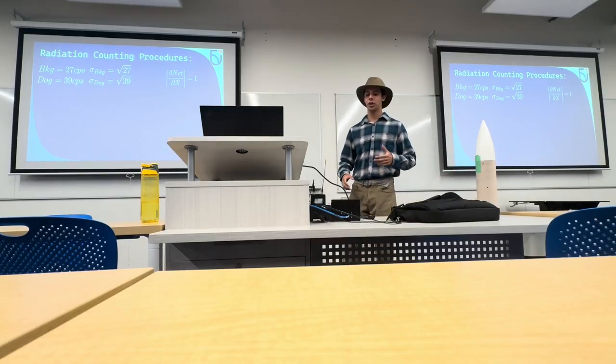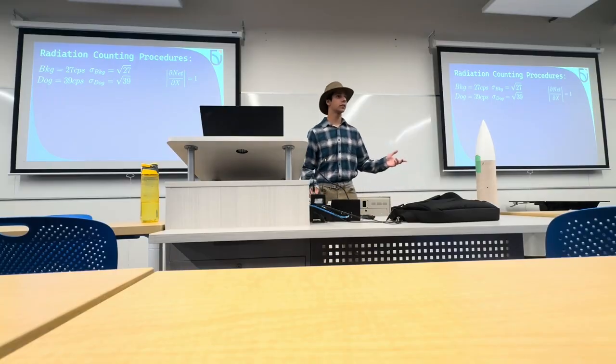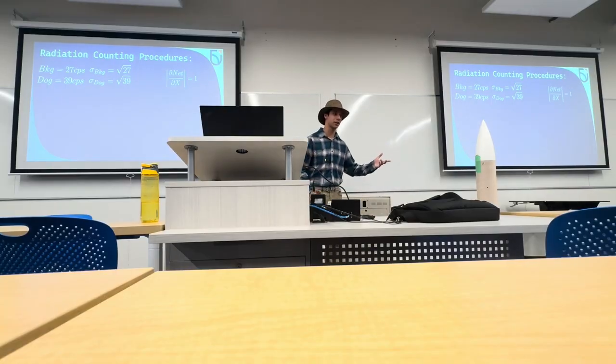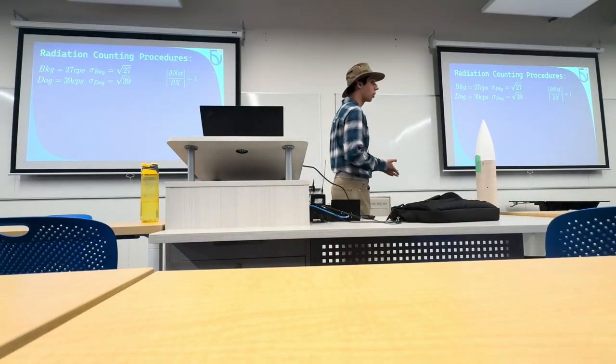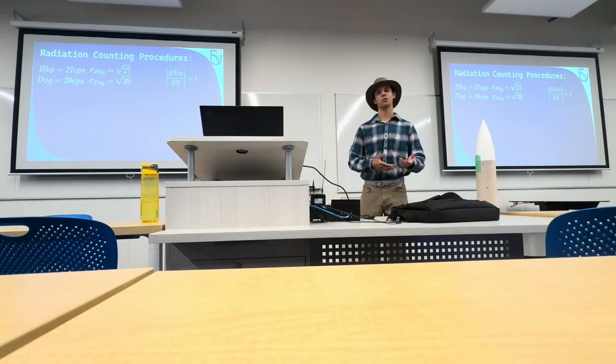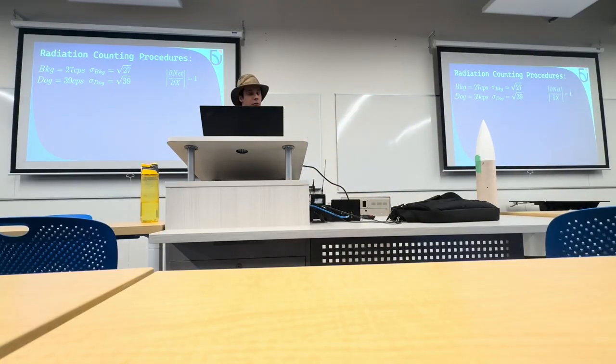Because you have net equals total minus background. Differential with respect to background is -1, and -1 squared in your error propagation formula is just 1. And derivative with respect to total is just 1, so also 1. So we don't have to worry about our partial differential terms, we can just worry about our sigmas.